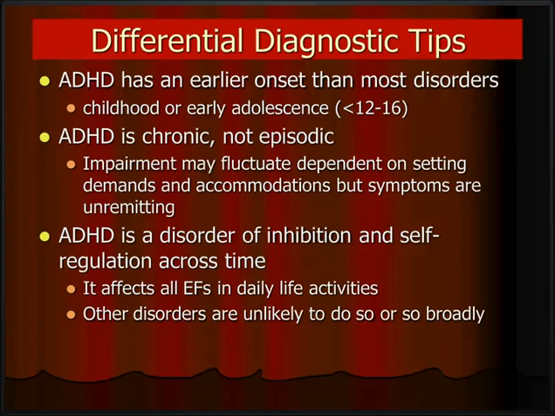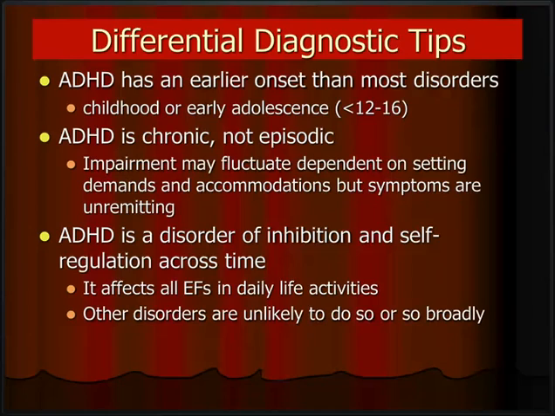So, one differential diagnostic tip is that if the inattentive, hyperactive, and impulsive symptoms have come on relatively early, and they are chronic and unremitting, as you see here, then it is likely to be ADHD rather than another disorder. Other disorders that interfere with attention are likely to produce more episodic interference with attention. Now, when I say that ADHD is a relatively chronic disorder, I'm referring to its symptoms.